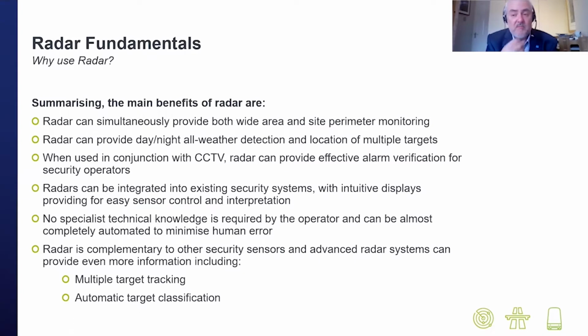It's pretty much plug and play, leave it running. It's also complementary to other security sensors, but can also provide even more information, including multiple target tracking and automatic target classification, so you don't have to generate alarms on things you're not interested in.